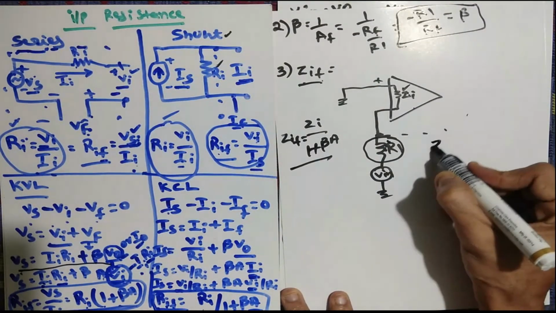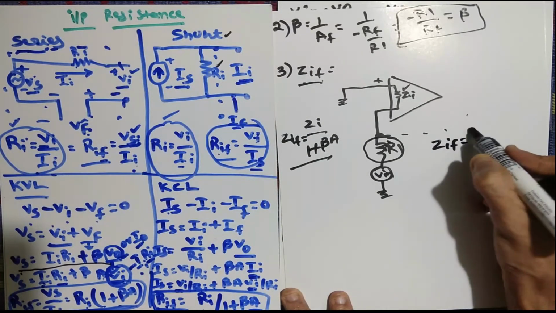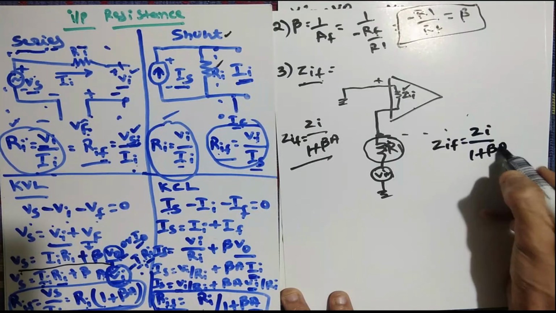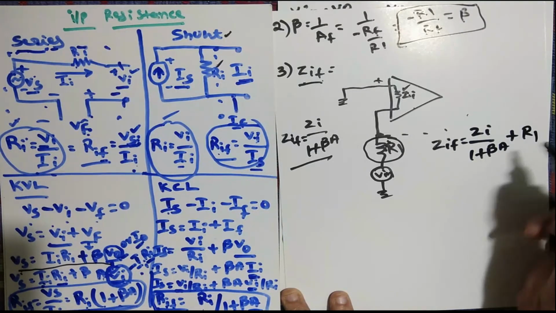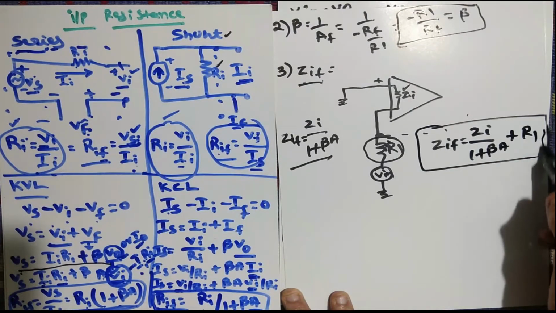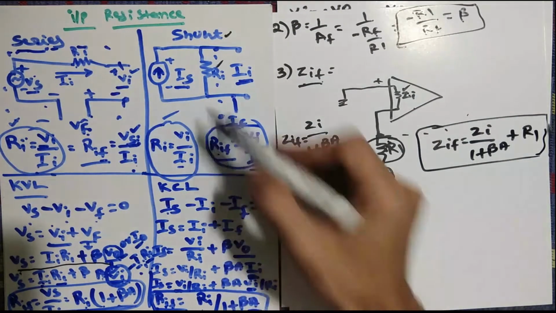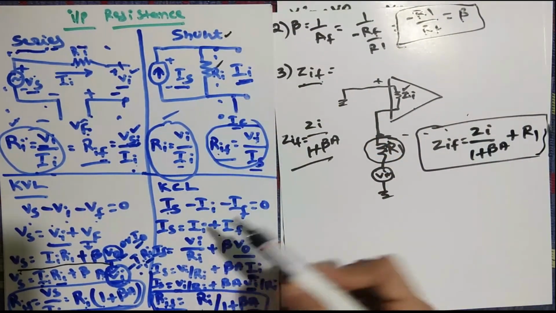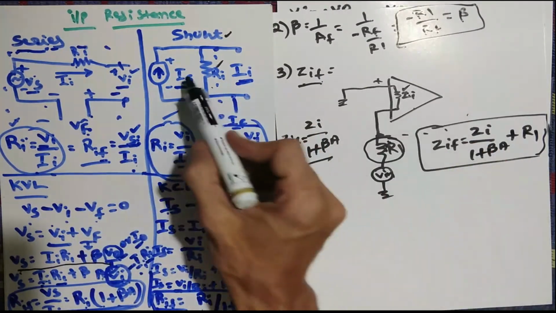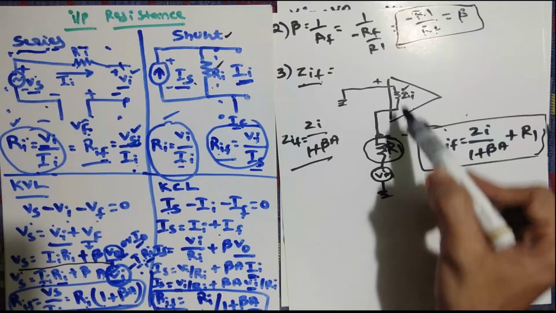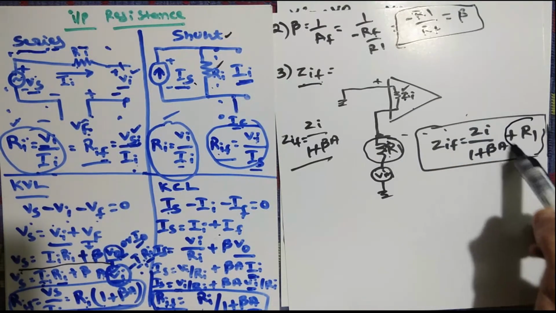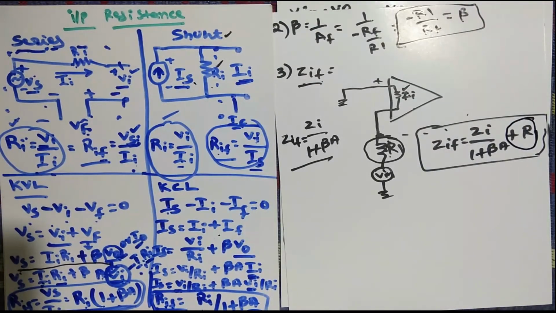So here we get ZIF equal to Zi divided by 1 plus beta A, plus R1. This is a very important equation we are getting for the feedback. The thing you have to remember is to do the same derivation with this one: one more series resistance connected here. That means in the same circuit, the series connection of Zi and R1, so when you are doing series, plus R1 is added to this particular term.